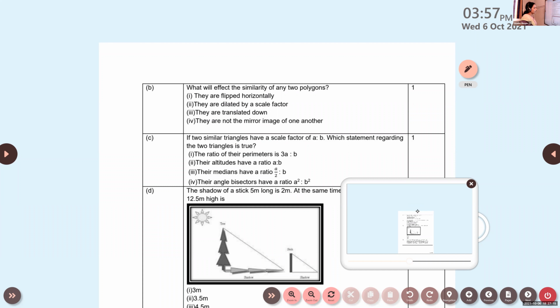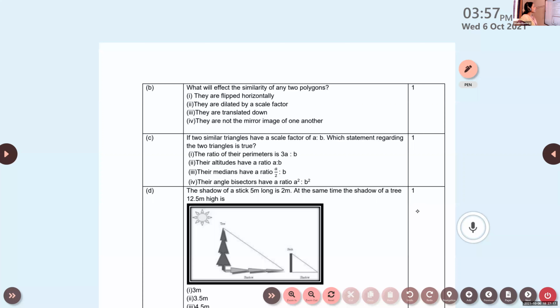Among these 4 conditions, which one will be affecting the similarity? Option 4? Yes, correct. It is option 4. When they are not the mirror image of the other, the similarity may get changed.